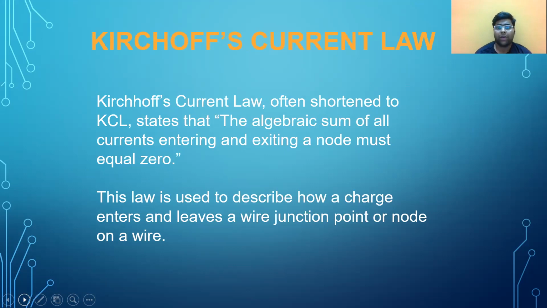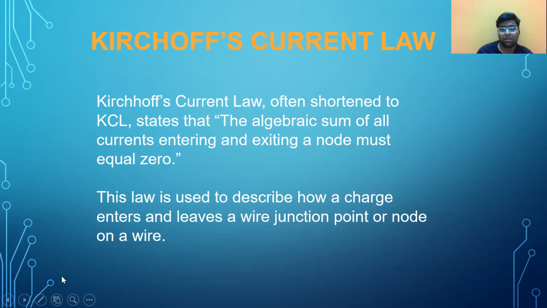If there are 5 currents, that is 2 entering currents and 3 exiting currents, the sum of entering currents is equal to the sum of exiting currents. This law is used to describe how charge enters and leaves a wire junction point or node on a wire.